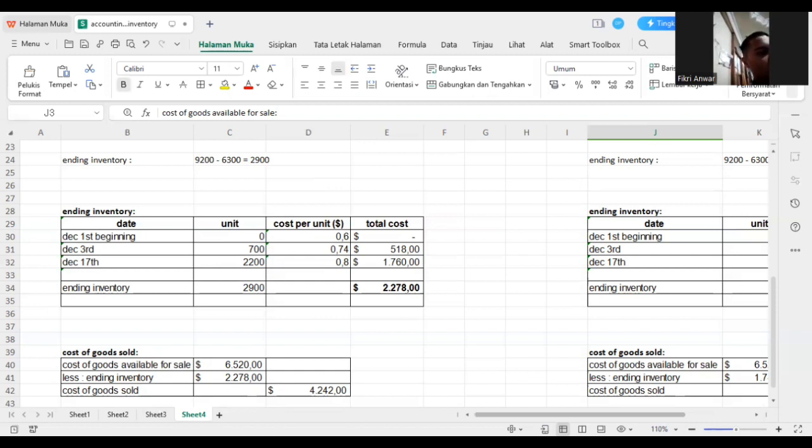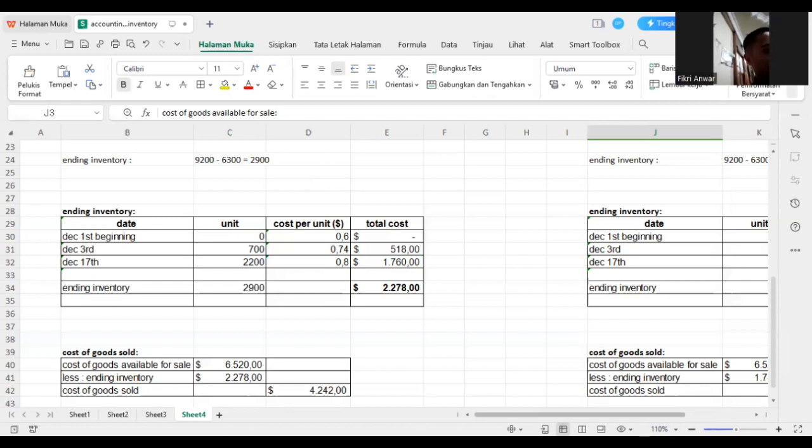Then the next one is 17 December. We have 2,200 units, and for cost per unit, we have $8. 8 times 2,200, we have 1,760. And in the inventory, for the units, we have 2,900.